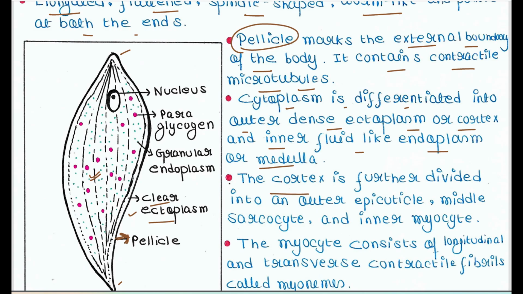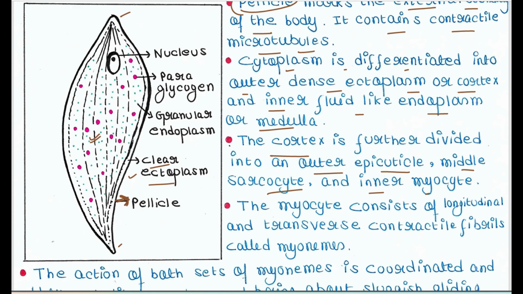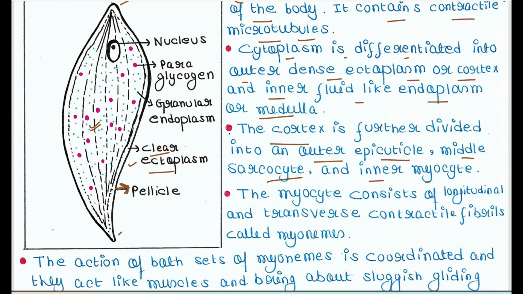And the cortex is again further divided into an outer epicuticle, middle sarcocyte and inner myocyte. Okay, the myocyte which is present in the inner surface of the cortex or ectoplasm, that consists of longitudinal as well as transverse contractile fibrils called myonemes.